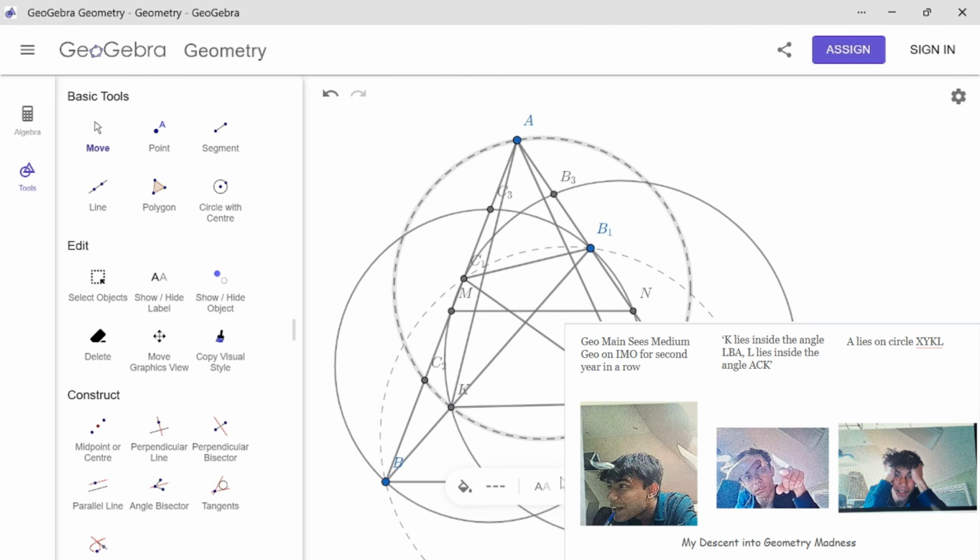So K is on the radical axis. So AC2KB2 is cyclic. And then by a similar argument, AC2KLB2 is cyclic.